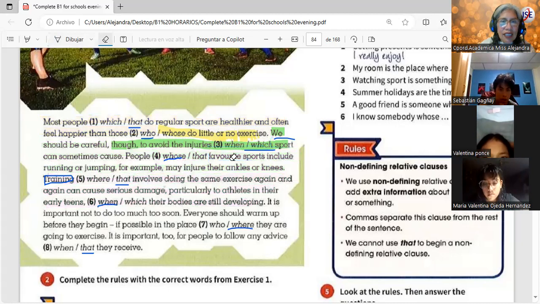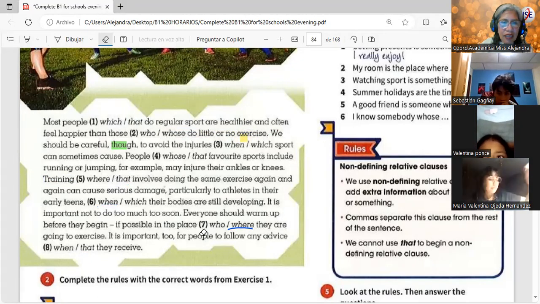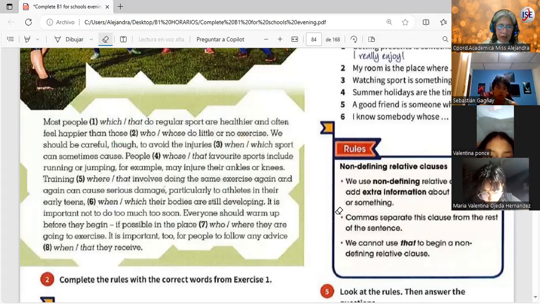Please check the vocabulary in this reading. Is there any word you would like to check? The meaning you would like to check?